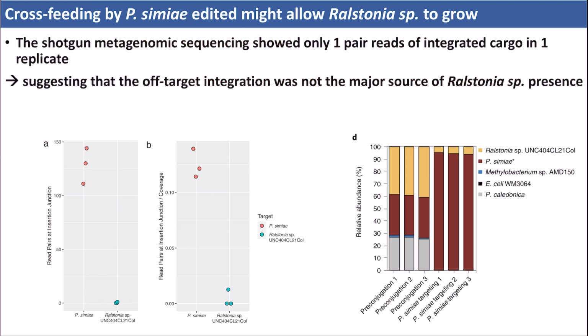The research team do shotgun metagenomic sequencing and show only one pair of reads of integrated cargo in one replicate. So they're suggesting that off-target integration was not the major source of Ralstonia species persistence.